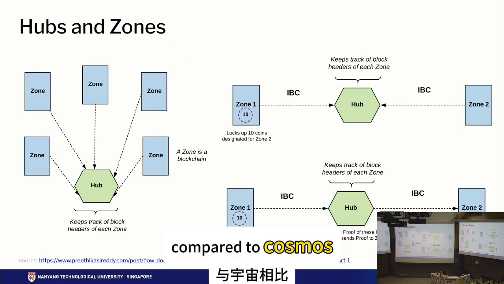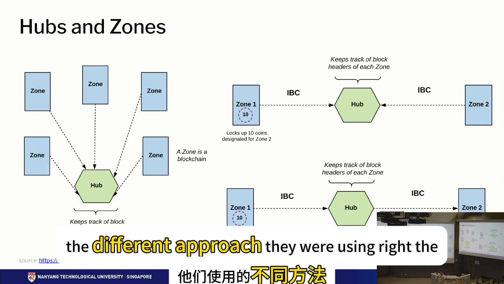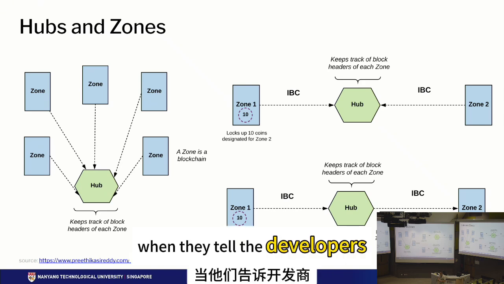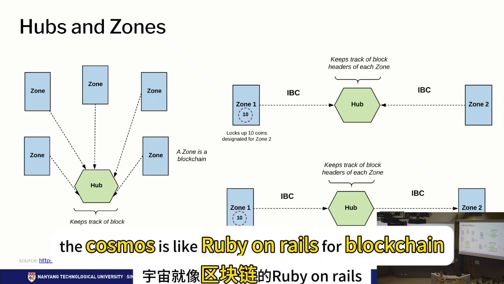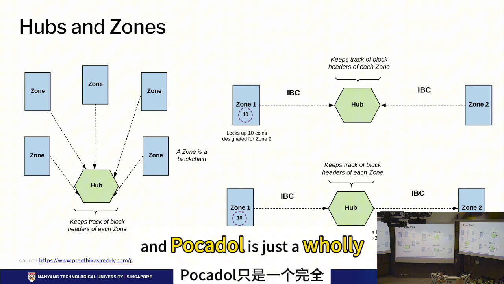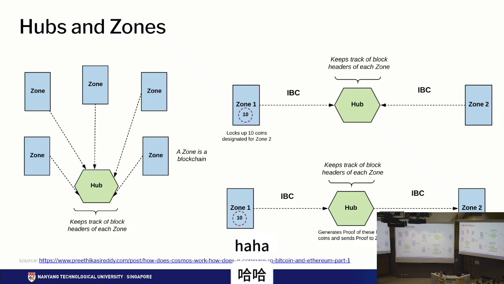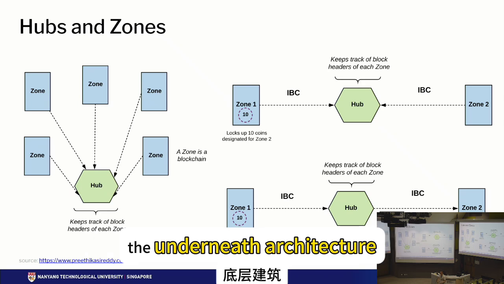I already explained the different approaches they were using. When they tell developers, Cosmos is like Ruby on Rails for blockchain, and Polkadot is just a wholly newly designed architecture. It's super difficult to learn and modify the underlying architecture.